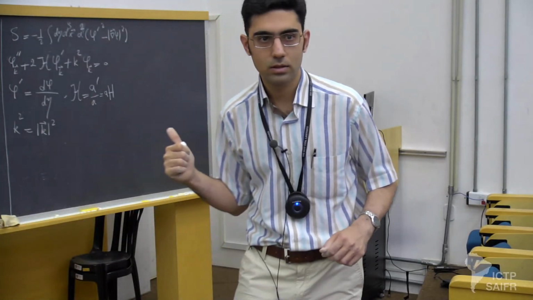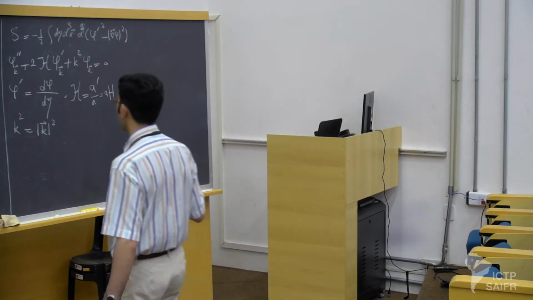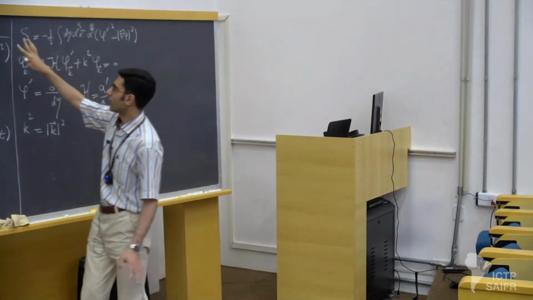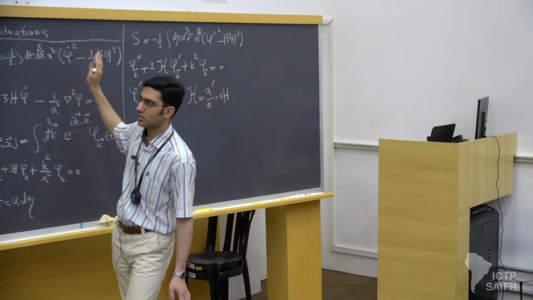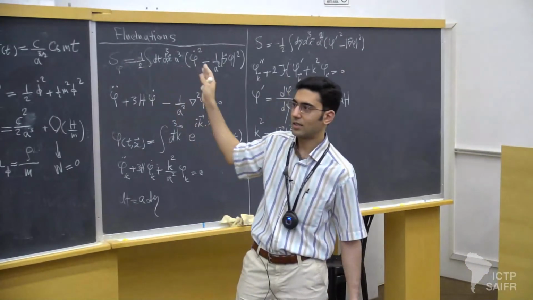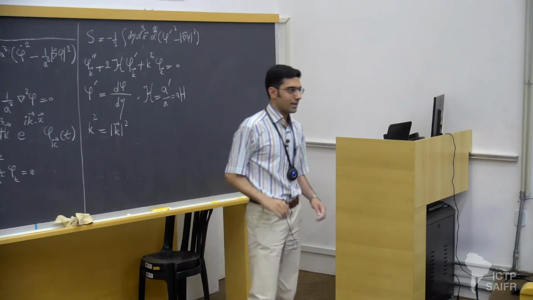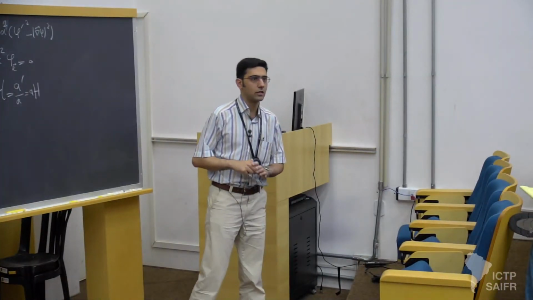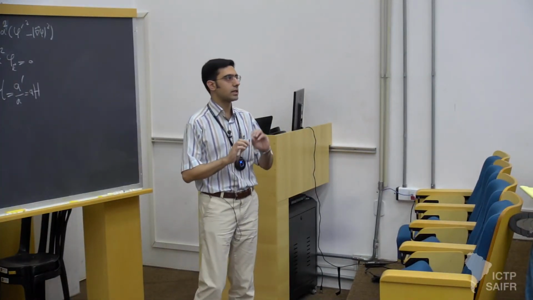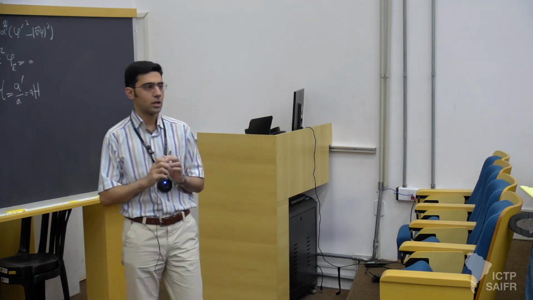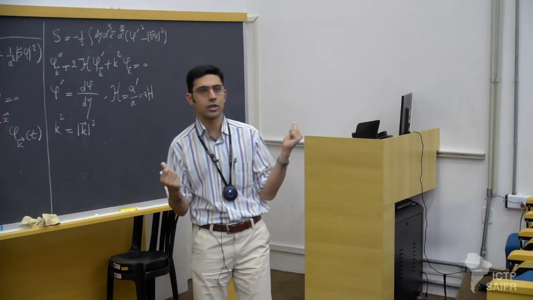Oh, no. This is just the fluctuation. That's why I use this curly phi. Imagine this is just a different field, at the moment having nothing to do with the inflaton. I'm just considering a scalar field that lives in an FRW cosmology, has no background value, and I just want to study its fluctuations.